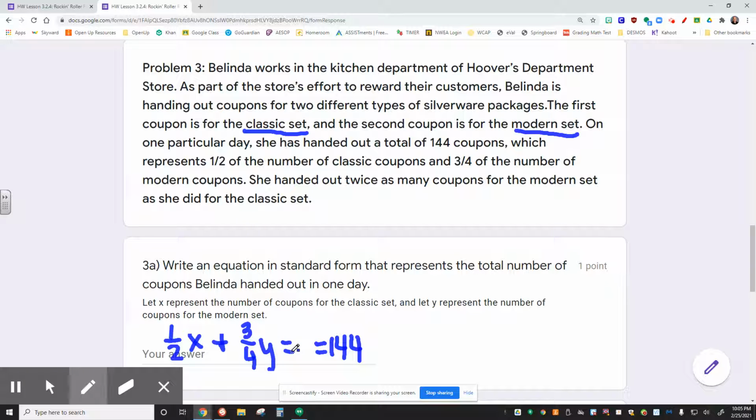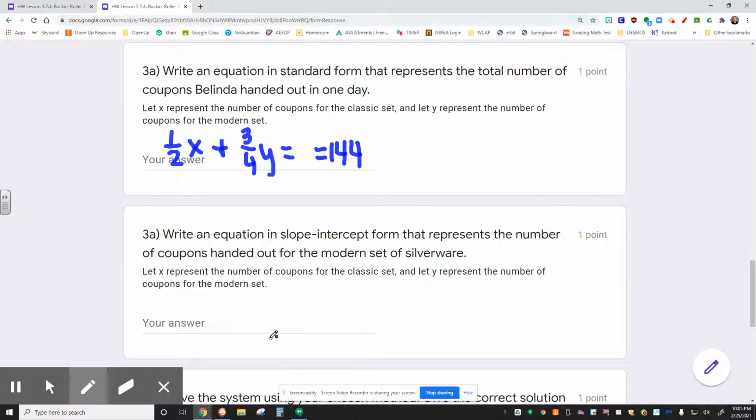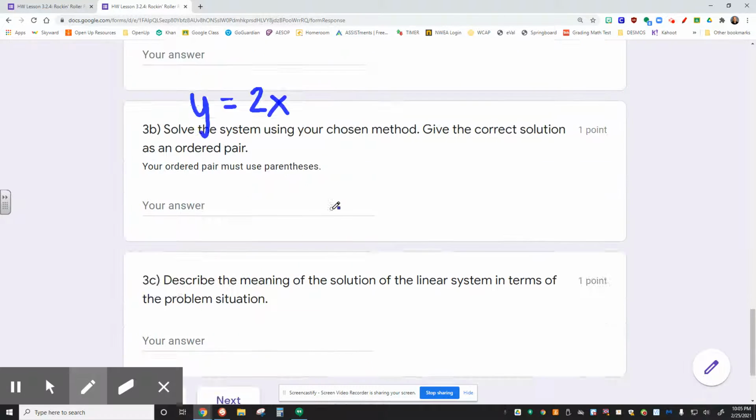And then, what we know from this is she handed out twice as many coupons for the modern set as she did for the classic set. So we're going to look at Y for the modern set as equal to twice as many as the classic. Okay. Good luck on that one if you choose to do it.